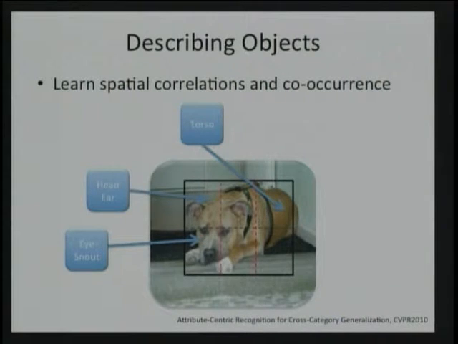Once I localize the object, I'm going to divide the bounding box of the object into spatial bins, and I'm going to predict my attributes inside each of those bins. Now I can start reasoning about the objects when I say, okay, the head is here, the back is there, so it's probably facing this way, and I can't see the leg, it should have a leg, so it's sitting down. How can I do this?